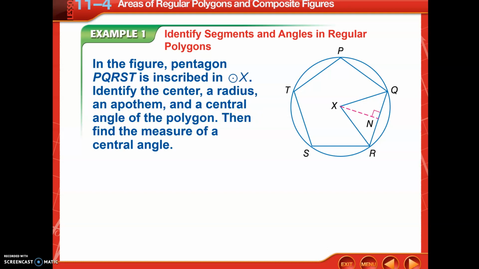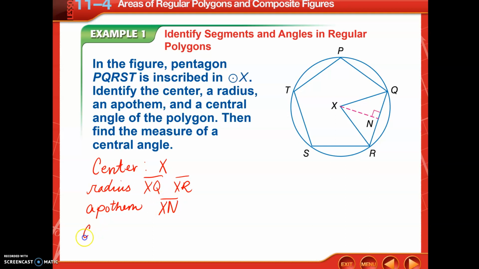So we would have our center here would be X, the point X. Our radius, there's a few, but XQ or XR would be radii. And then the apothem is this XN that is perpendicular to the side.